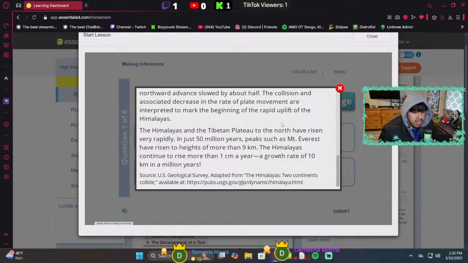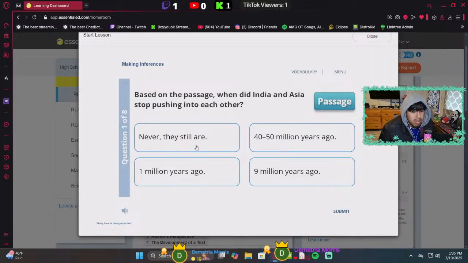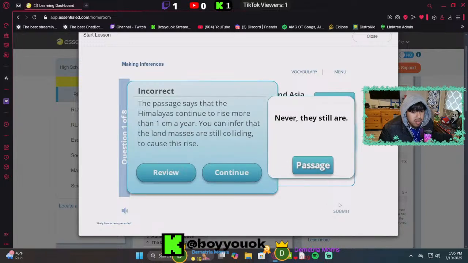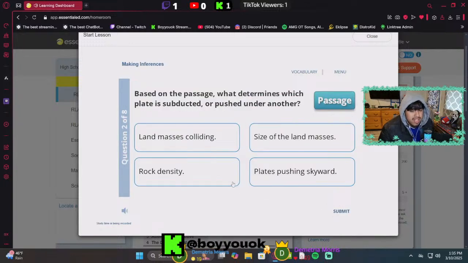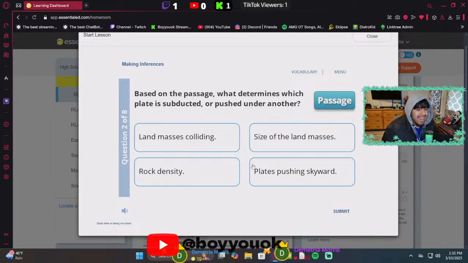The Himalayas continues to rise 1 centimeter a year. The Gulf rate 10 kilometers in a million years. Based on it, when did it stop pushing each other? 40 to 50 million years ago. Never. They still are. Crazy work. I knew it.